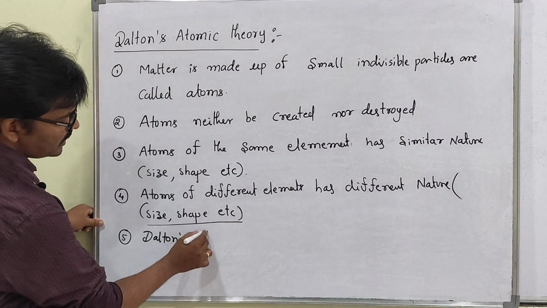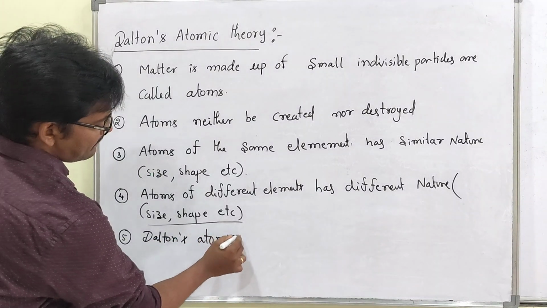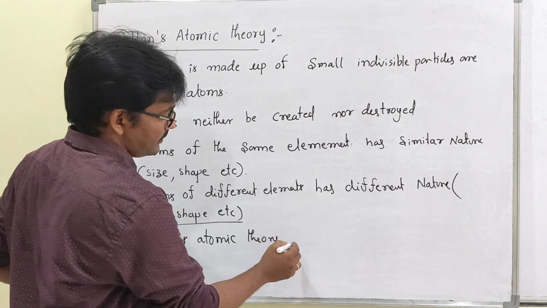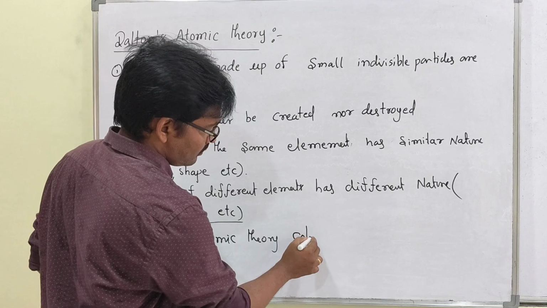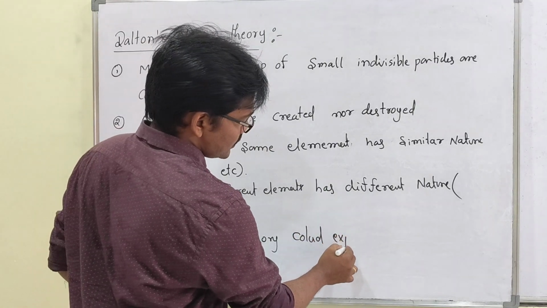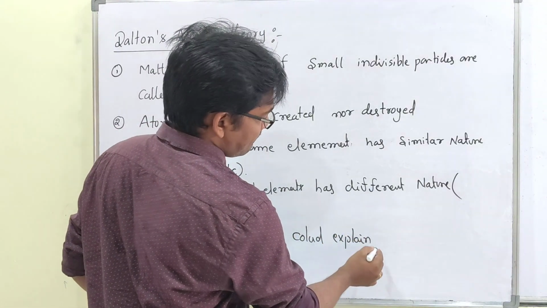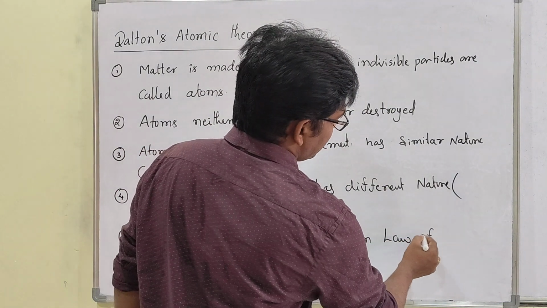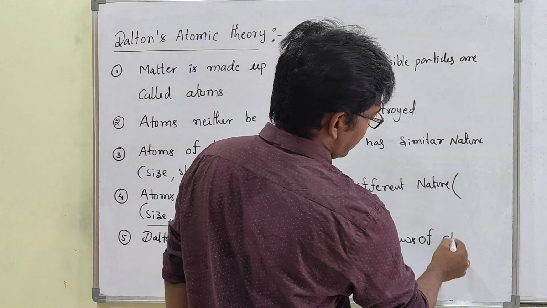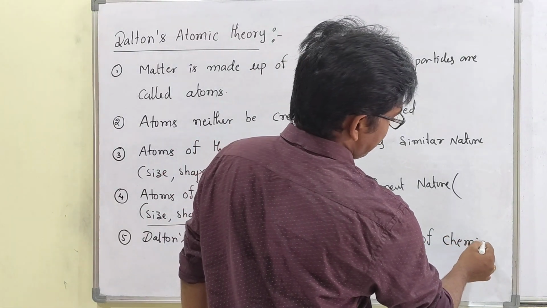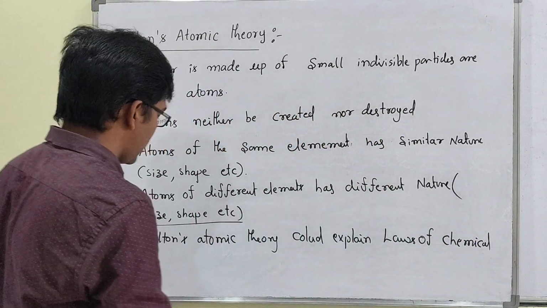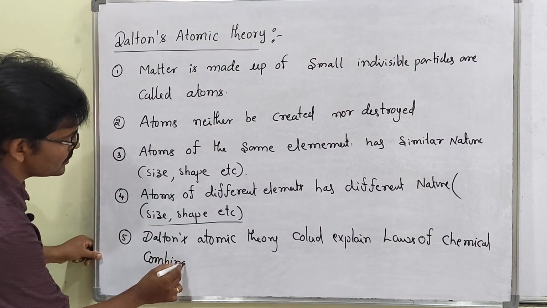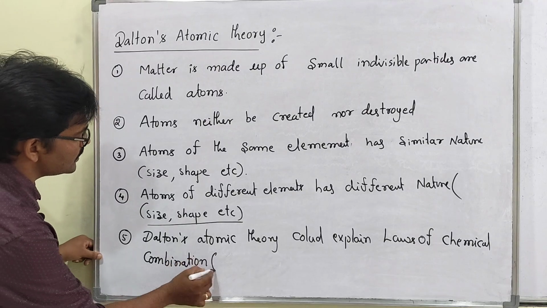Dalton's atomic theory could explain the laws of chemical combinations. What are the chemical combinations it explains?